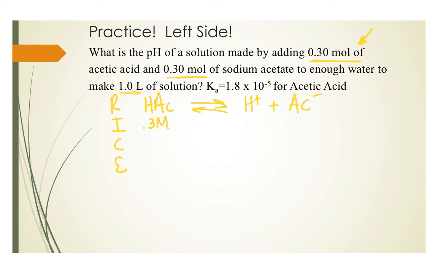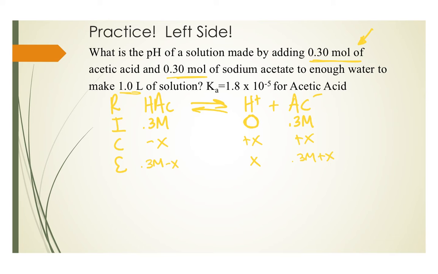My H+ concentration to begin with is going to be 0, and my acetate concentration to begin with is also going to be 0.3 molar, 0.3 moles divided by 1 liter. Based on my stoichiometry, the change is going to be minus X, plus X, plus X, and that gives me 0.3 molar minus X, X, and 0.3 molar plus X.